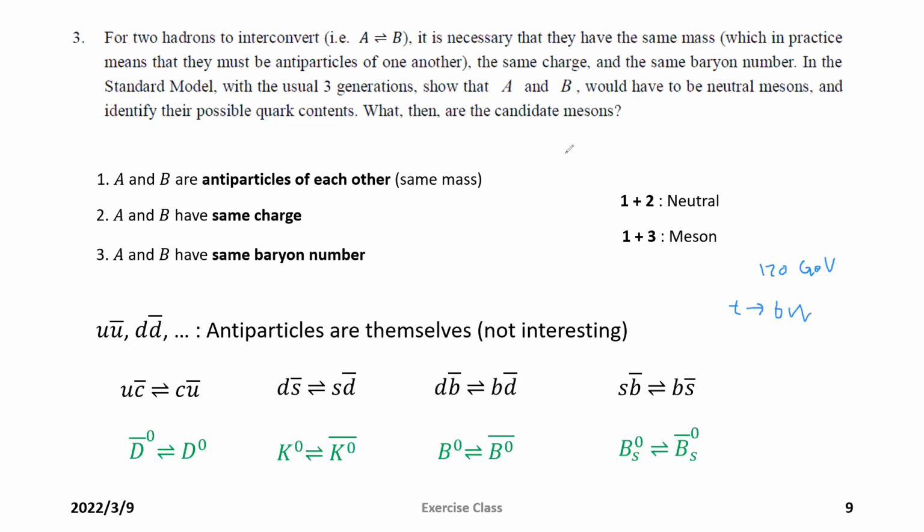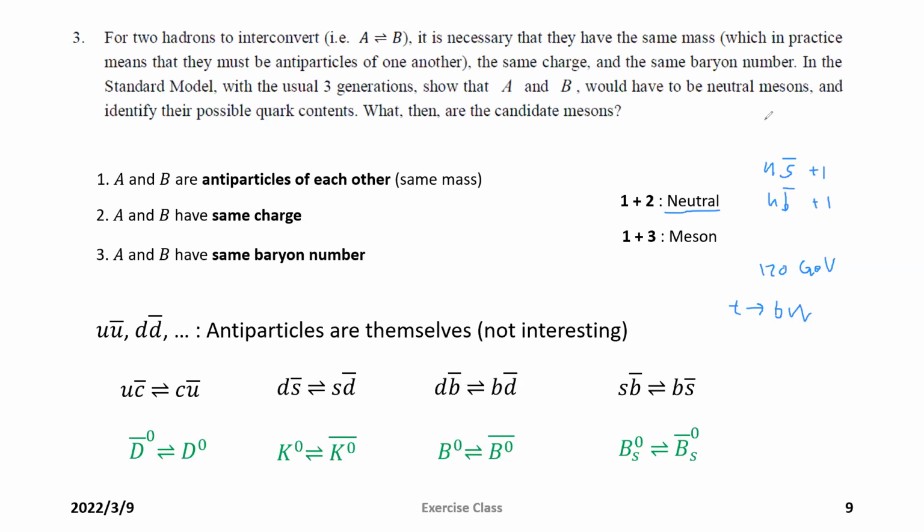About US and UB. As I said, the meson should be neutral. If we form U S bar, then it will have a charge of +1, so it will not be neutral. And similarly for U B bar, it also has a charge of +1.